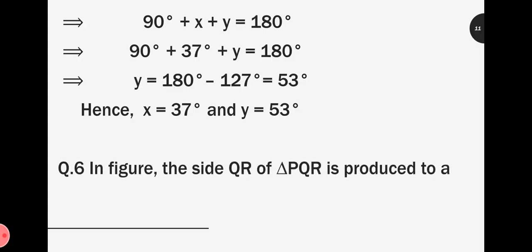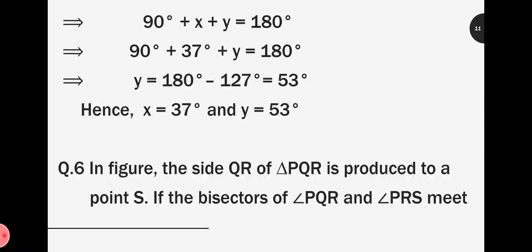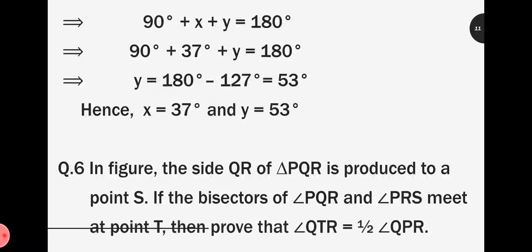The last question of this chapter and this exercise also, that is question number 6. In the figure, the side QR of triangle PQR is produced to a point S. If the bisectors of angle PQR and angle PRS meet at point T, then prove that angle QTR equal to half of angle QPR.